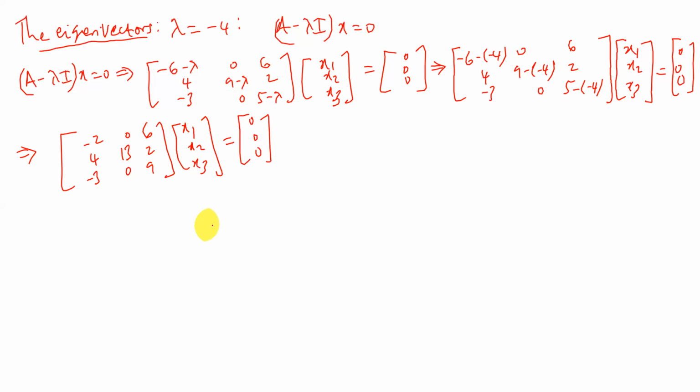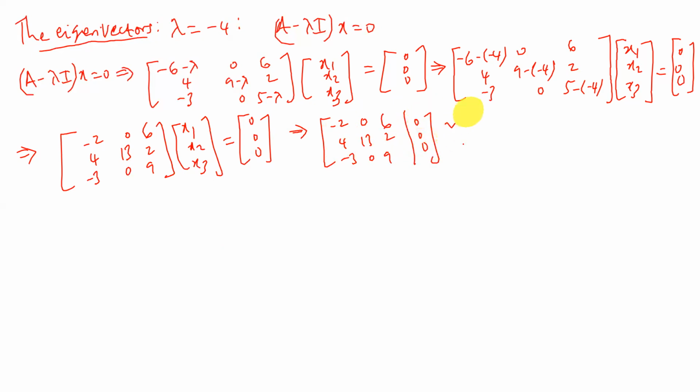To find the eigenvector, you need to do row reduction of this. So we proceed to look at the augmented matrix. -2, 0, 6, we have 4, 13, 2, we have -3, 0, 9. In an augmented matrix, you put 0, 0, 0.